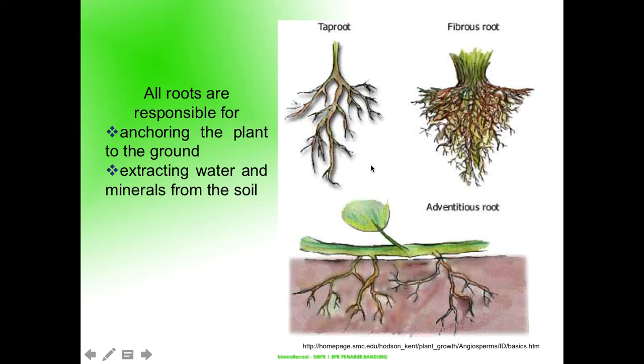And there is another one called the adventitious root, which is an additional kind of root. You see, this is a stem, and from the stem came out the adventitious roots.